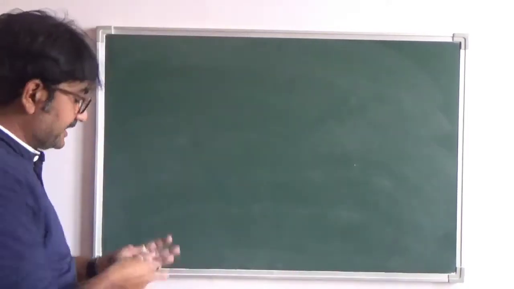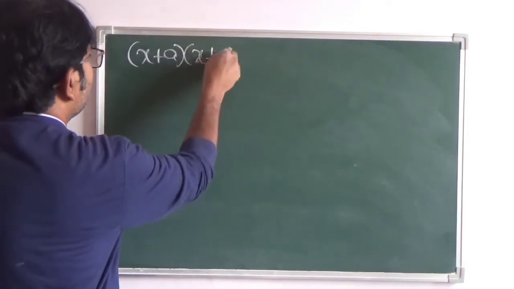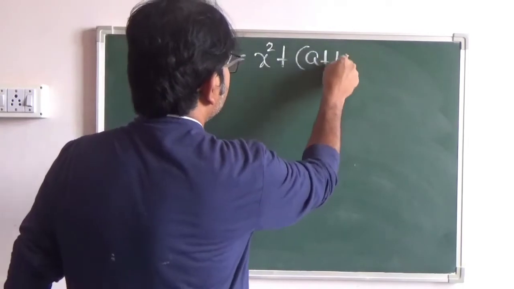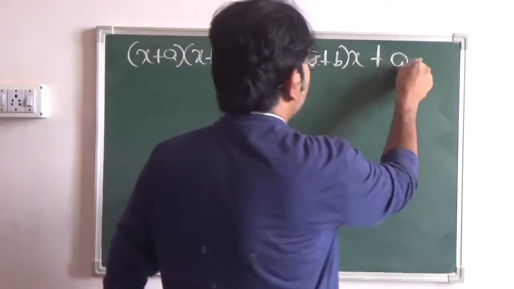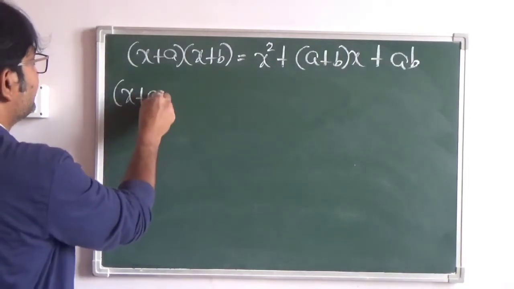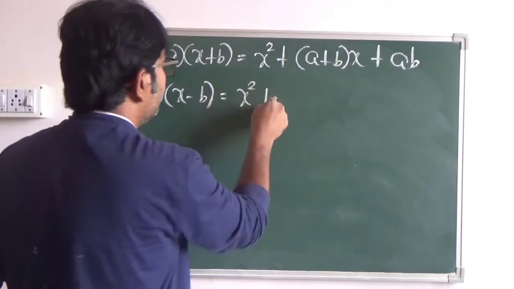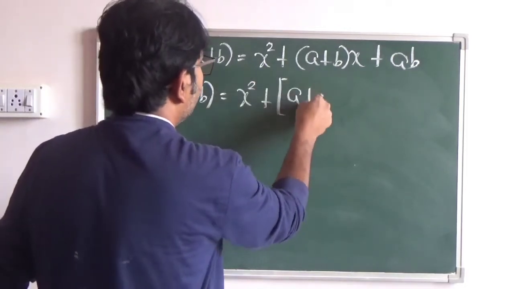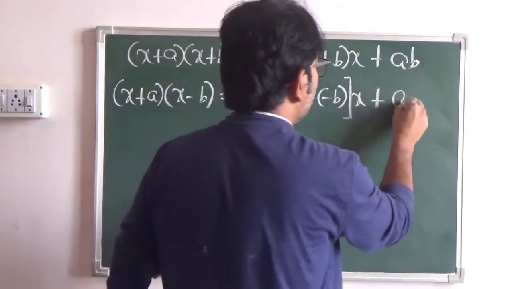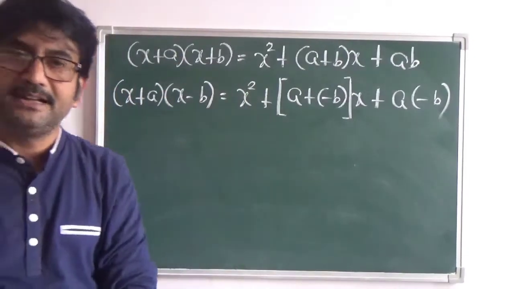So our expansion is (x + a) into (x + b) is x square plus (a + b) into x plus ab. Now if you are to find (x + a) into (x - b), what you do, x square plus (a plus of minus b) into x plus a into minus b, just in place of b change it to minus b.